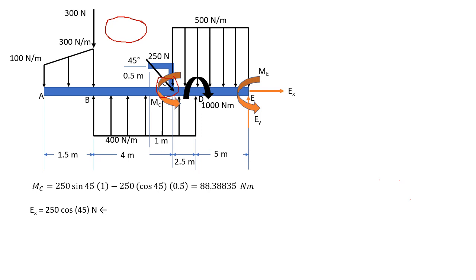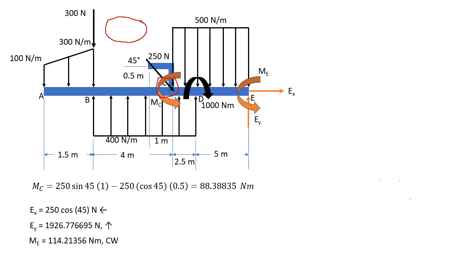This is counterclockwise. EX, we already solved in class. It's 250 cosine 45 Newton to the left. And then EY is 1926.776695 Newtons upwards. And we have solved ME to be 114.21356 Newton meter clockwise.